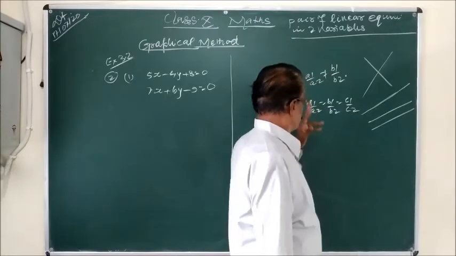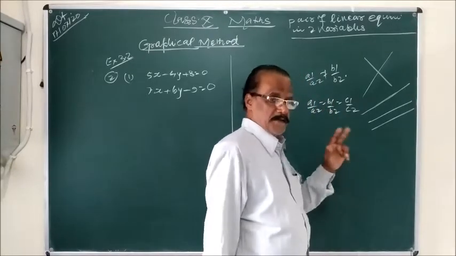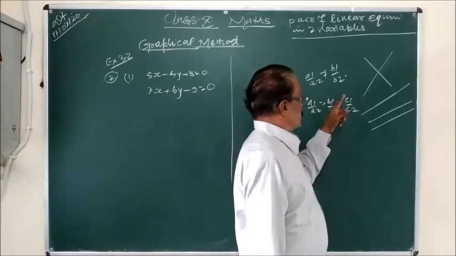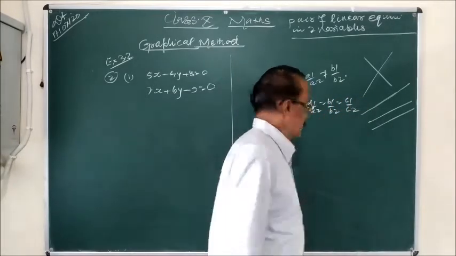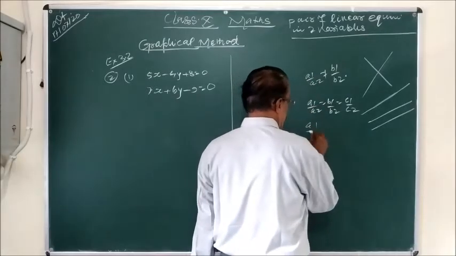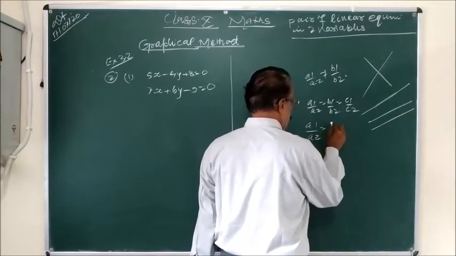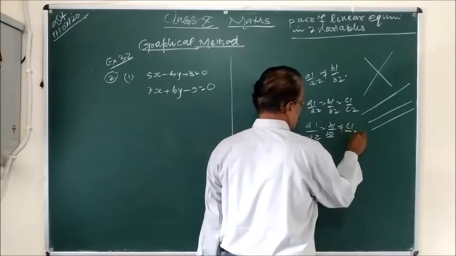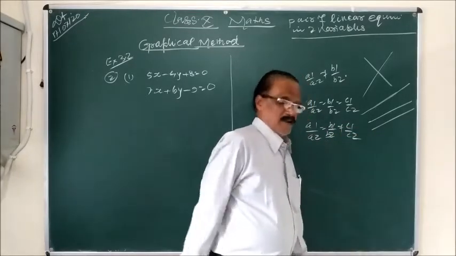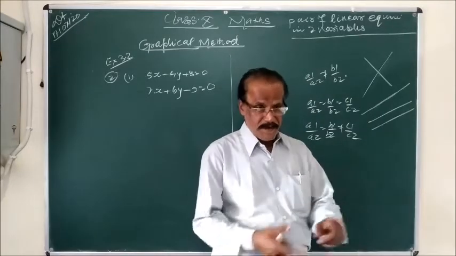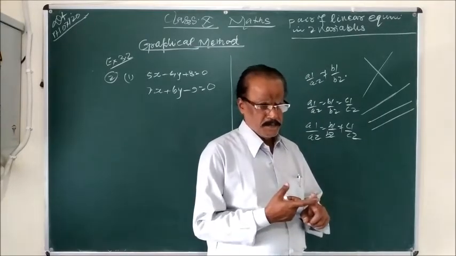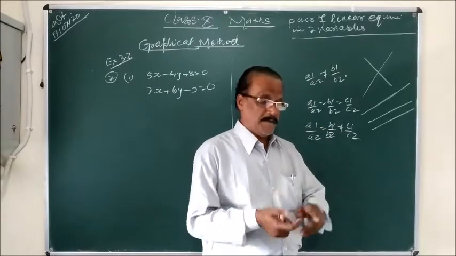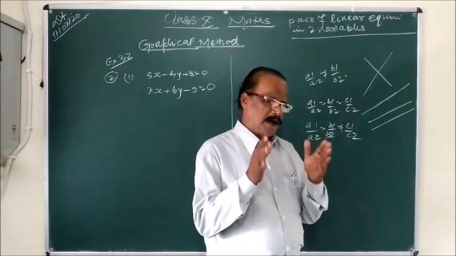And the third condition: if a1 by a2 is equal to b1 by b2 and not equal to c1 by c2, there is no solution. This means the lines which you will obtain on the graph will not intersect, and the lines will be parallel.